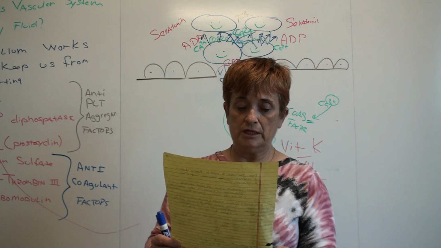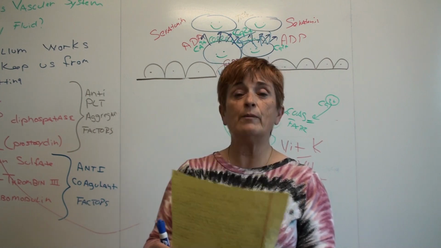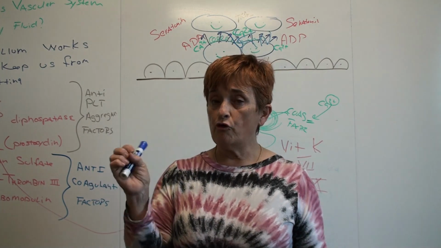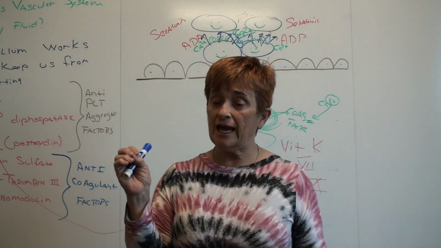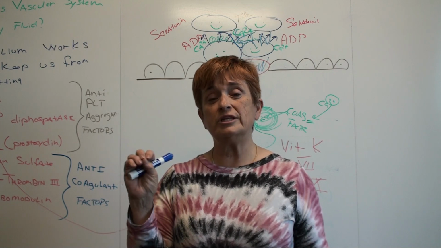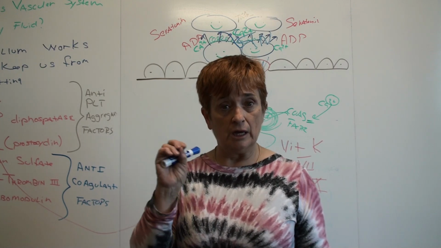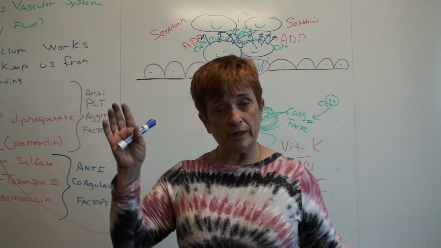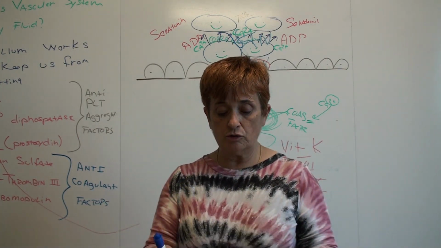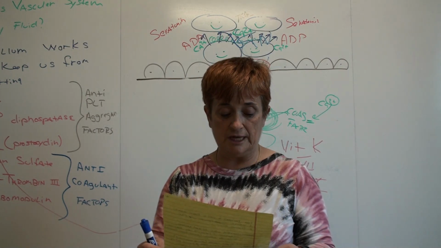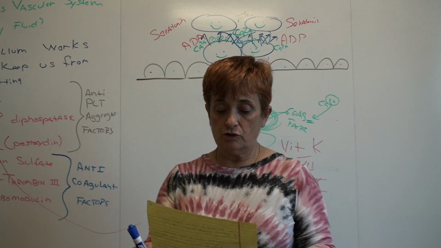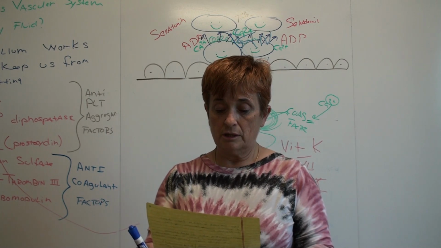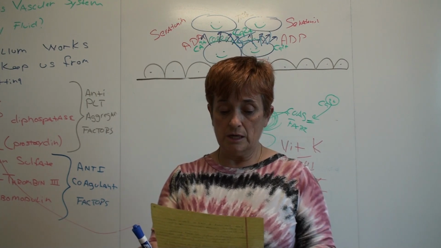So remember, even though we have two pathways, both pathways are activated at the same time, except one is very quick. Which one? Extrinsic pathway. The intrinsic pathway is a little bit slower, but the common thing that they're going to go to is factor number 10 to go to fibrin. All right, extrinsic. Okay.